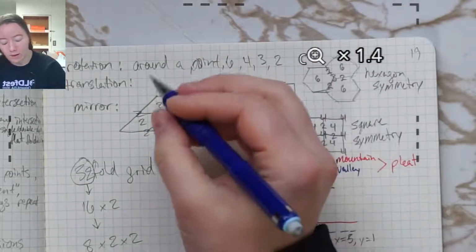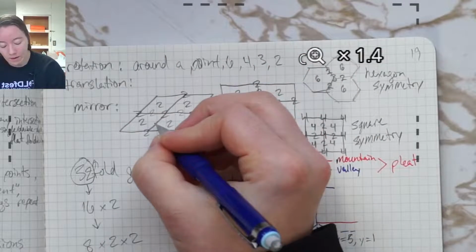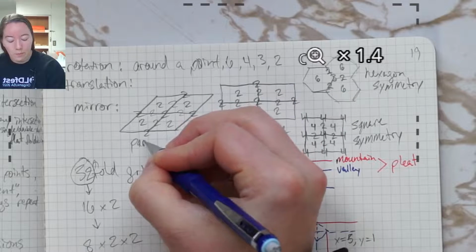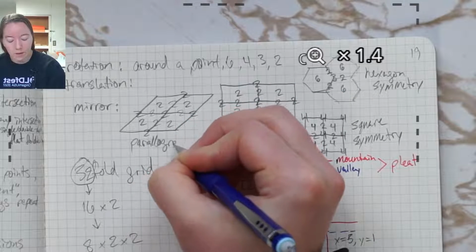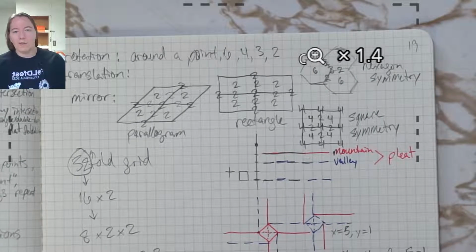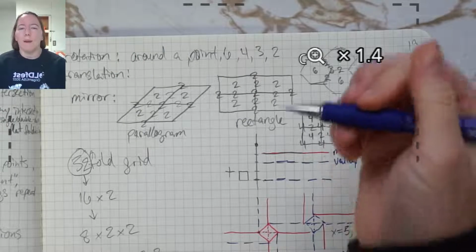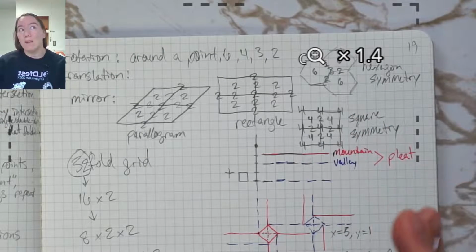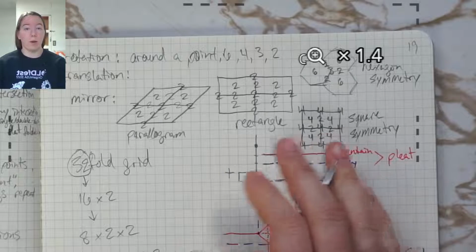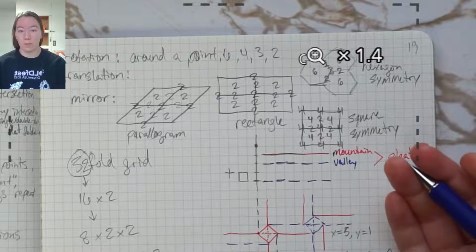We'll go with the horizontal edges and the slanted edges. So this is what I call the parallelogram symmetry. So these are all very, very similar. And we can see a little bit of mirror symmetry in these types as well. Rectangle and square symmetries lend themselves to mirror symmetries.